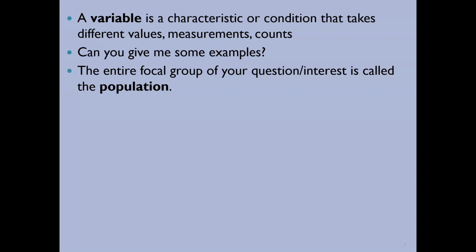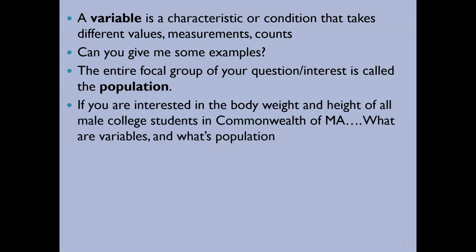Now, population. Statistically speaking, what is a population? It's a particular focal group that you are interested in studying, by measuring or counting certain variables. A population in the statistical sense is the entire focal group that you are interested in studying. Let's take an example to make more sense of it.